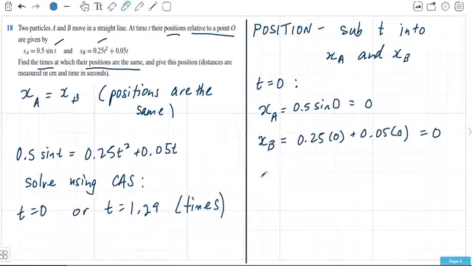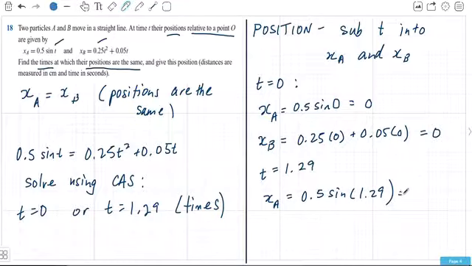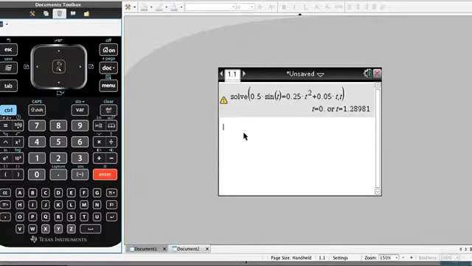And for the other point, we've got t equals 1.29. So we can get xa, which gives us 0.5 sine of 1.29. I'm just going to use the calculator here. Make sure that your calculator is set to radians.